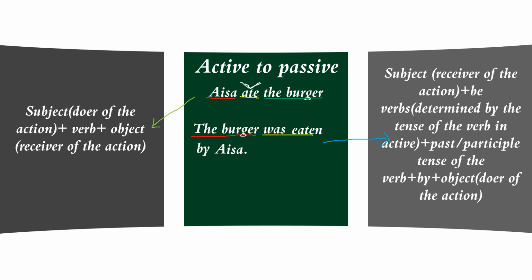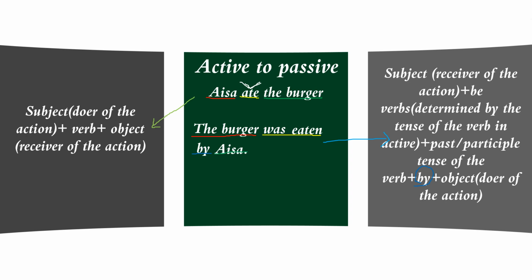The verb was eaten, and the by phrase we cannot eradicate because it is a permanent part of our formula. And lastly, our object will be Isa.